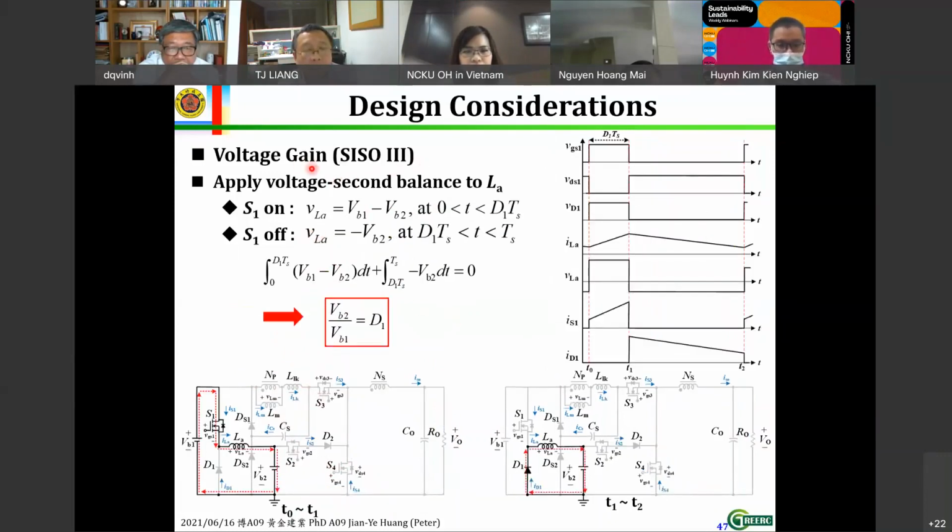Very similar to the CISO2 mode, the CISO3 mode is also the traditional buck converter. So by the volt-second balance principle of the inductor LA, we can derive the voltage gain between the battery and main source, which is D1, the duty cycle of switch S1.